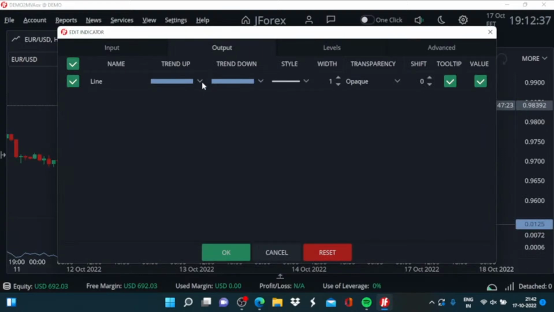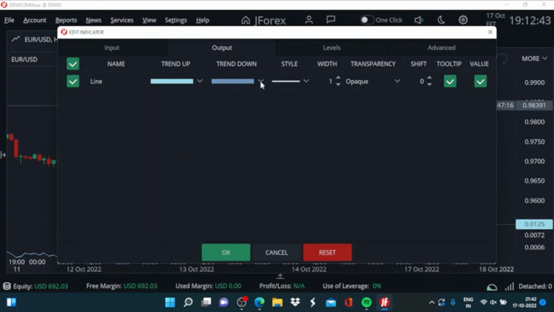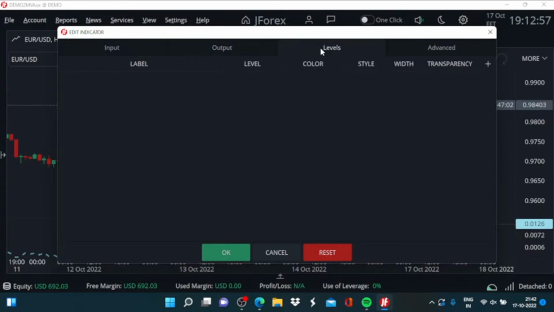The output can be made much more colorful if you feel like, if you are a person who likes to make these output values of the indicators look more stylish on the chart, then all these tools are available to you, and you can increase or decrease these transparency and all other factors as per your requirement.